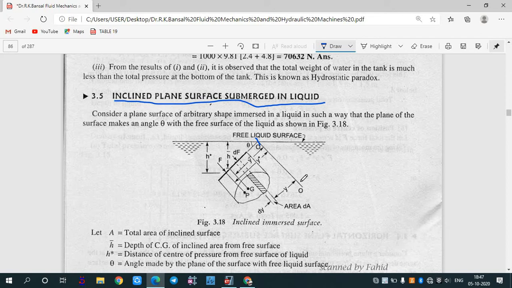From the top to the axis O, the distance is y, and in the same manner, if we draw one line, this will be h.